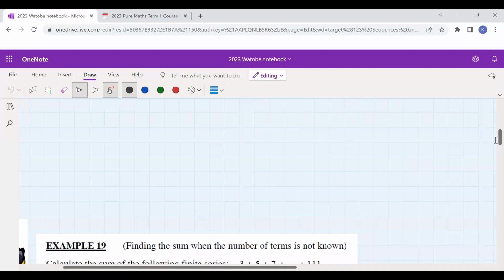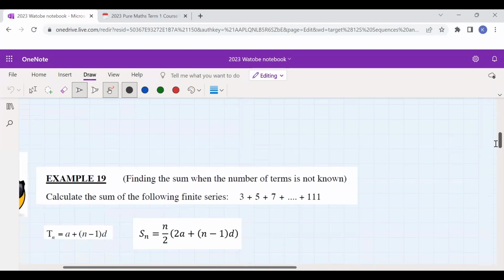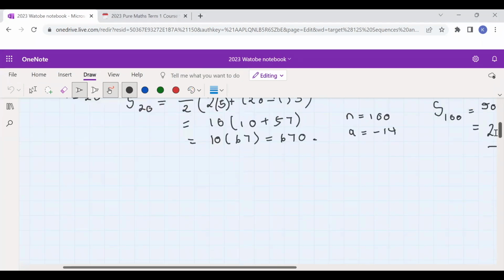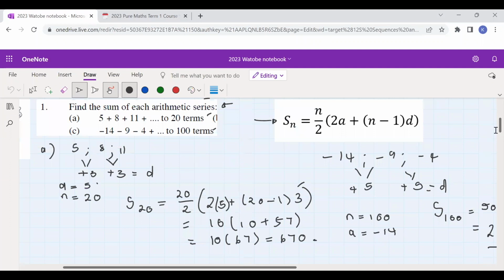Okay, a little bit of a challenge. The fact that there's a plus sign doesn't change the format. Where's the plus sign? Which plus sign, dear?